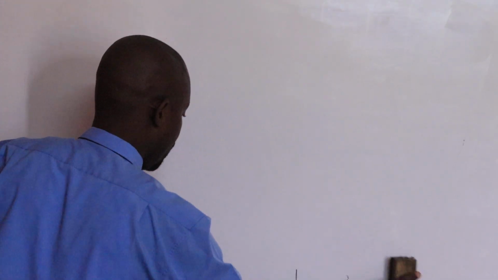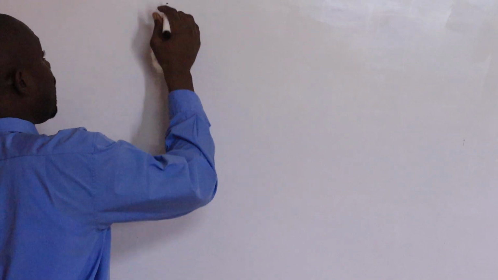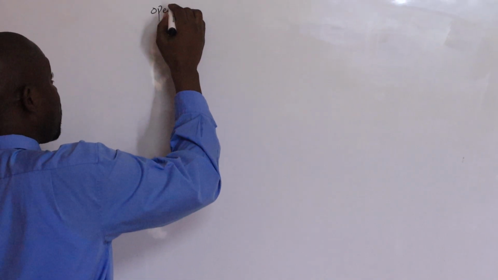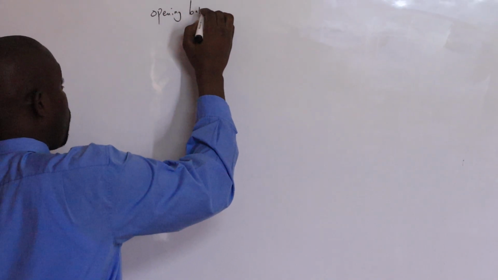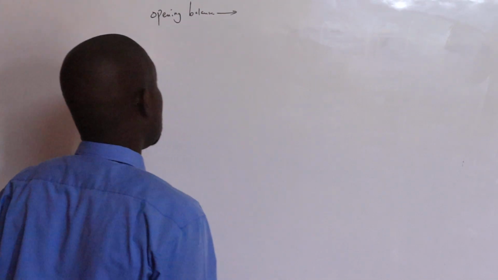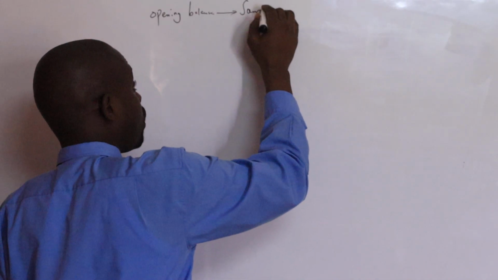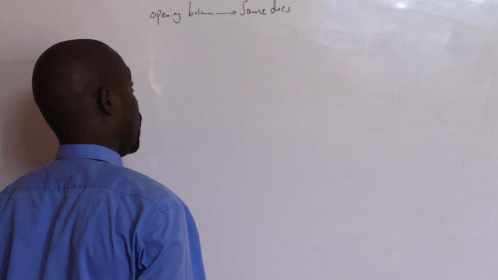Let me go back to it so that we can remind ourselves what we said. We said we normally have what you call opening balances. From there, we'll have what? Transactions taking place where we'll have such documents emerging.